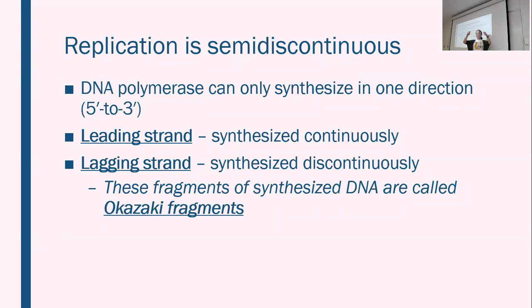We're going to have to pull it open, make a little 5' to 3' copy, pull it open, make a little copy, and then stitch all those pieces together. And those pieces that we'll see are called Okazaki fragments because a dude named Okazaki discovered them. They are what make up the lagging strand copy of the DNA.